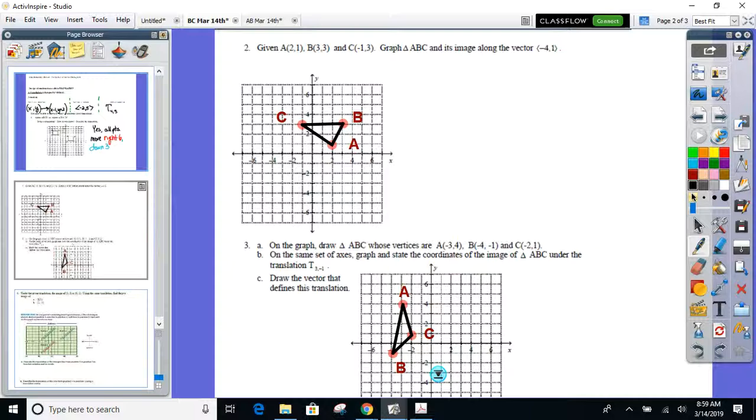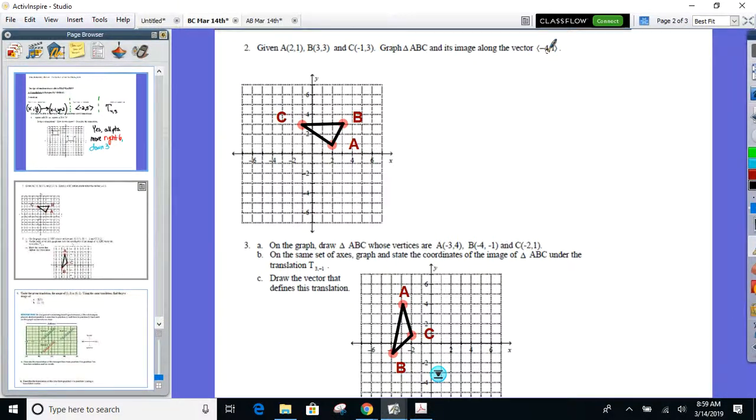Using vector notation, -4, 1. Where are you going to go with points A, B, and C? Left 4, up 1. And yes, I know it doesn't say state the coordinates, but I would appreciate it if you told me what A prime, B prime, C prime were after you move them left 4, up 1. So go ahead and do that, and then move your triangle.